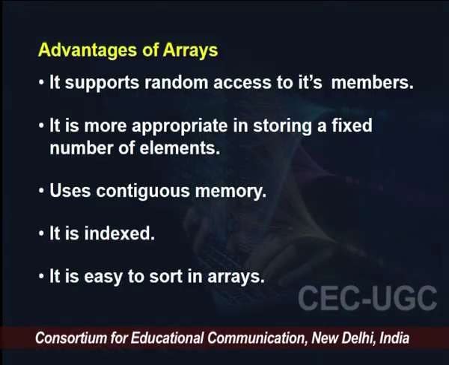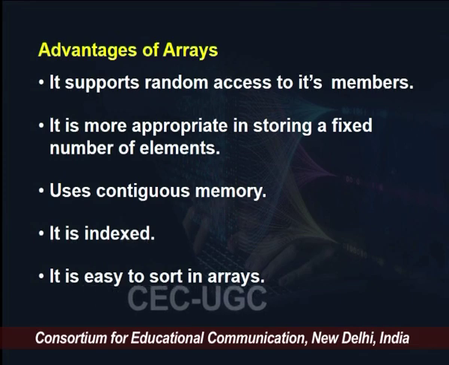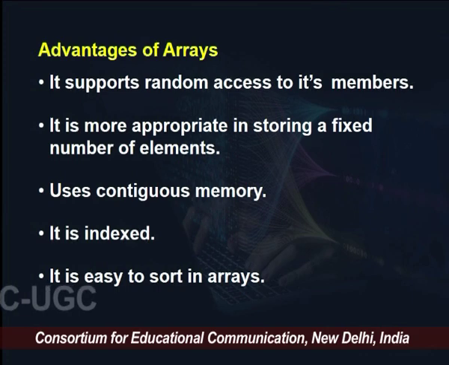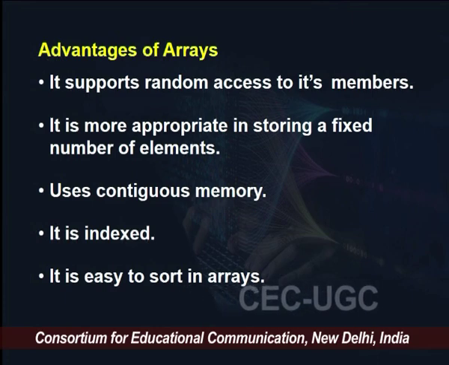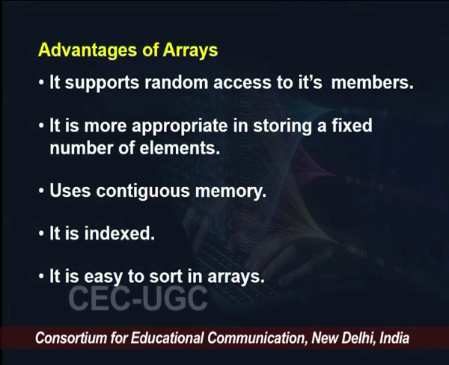So in order to understand the topic more theoretically, let us see the advantages of arrays. It supports random access to its members using the index, and it is more appropriate for storing a fixed number of elements because it is not dynamic. If we want to change the size of the array at runtime, we may need to destroy it and then reallocate it using malloc, calloc or new, whatever the operator is depending upon the language.